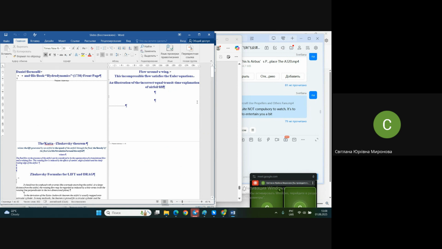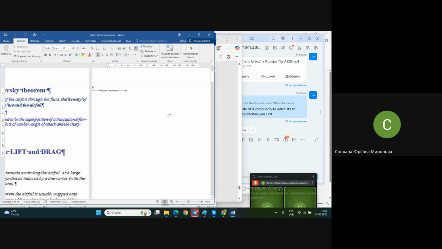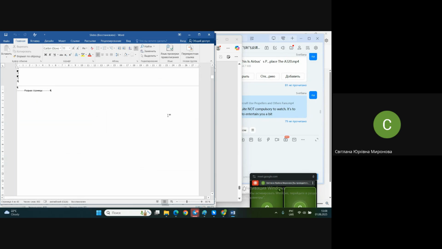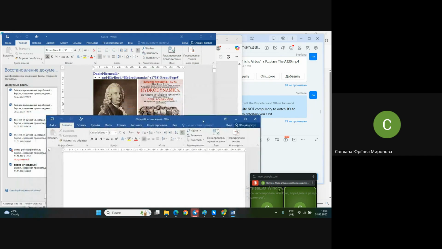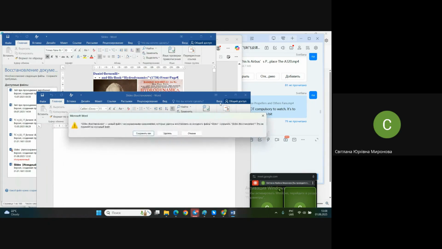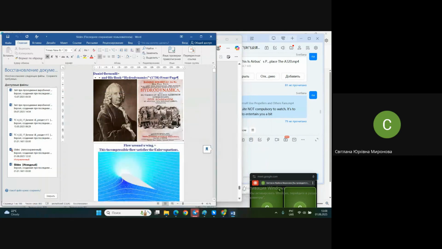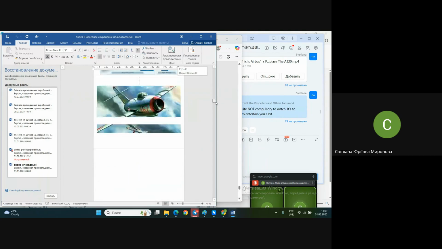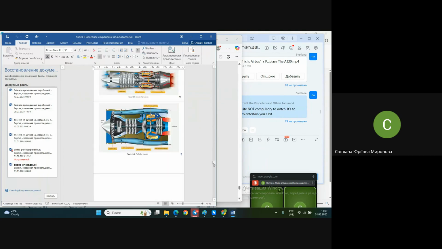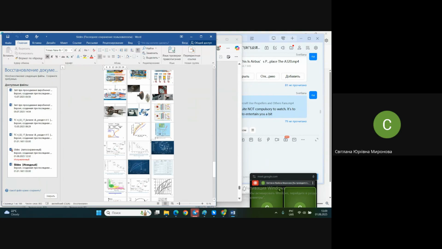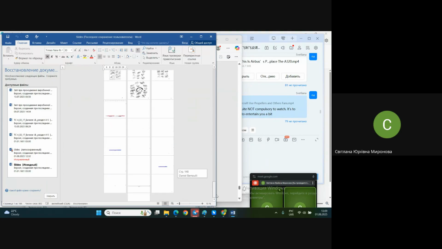And again, it starts these tricks. It does not show the pictures. Why? Okay. Well, at least it shows it here. I hope all the pictures are in place. Not for sure. Show me.